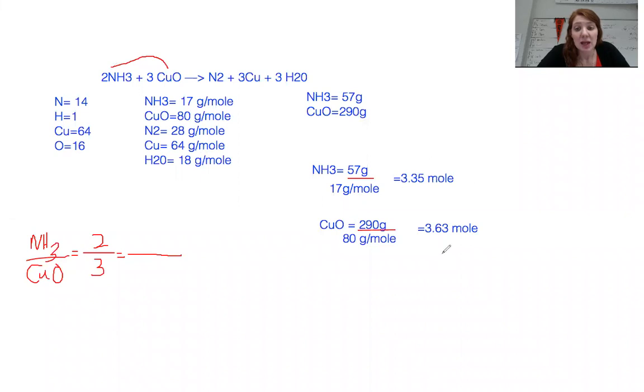And that's not the case. Our numbers are off. So we have to figure out which one of them is holding us back here. So a good rule of thumb is just to always choose the smaller of the 2 to use. So in this case, that is ammonia with 3.35 moles.